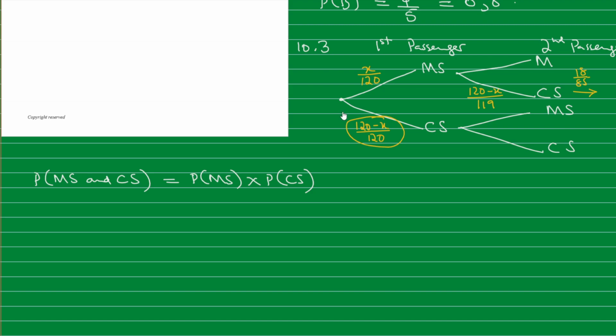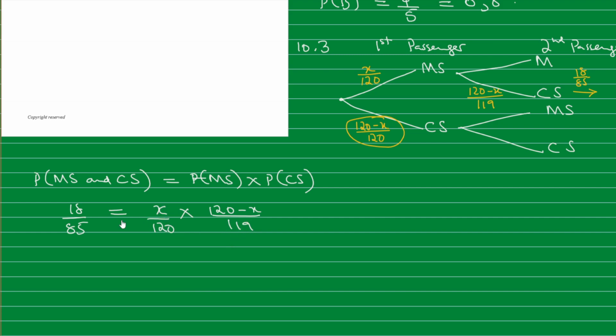As we are given, this is 18 over 85, the probability of MS and CS. So 18 over 85 will be equal to the probability of MS, which is X over 120, multiplied by the probability of CS after choosing the first meat sandwich, that is 120 minus X over 119.